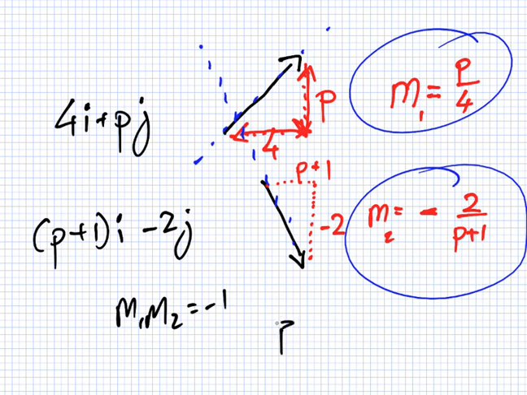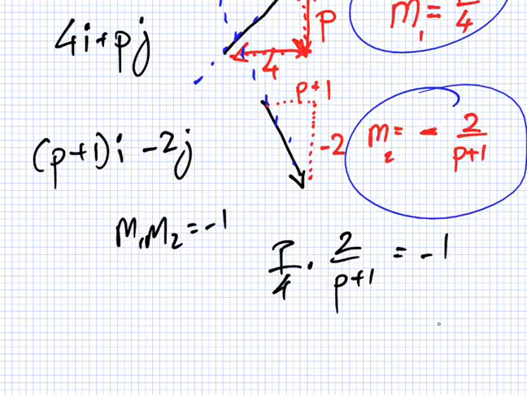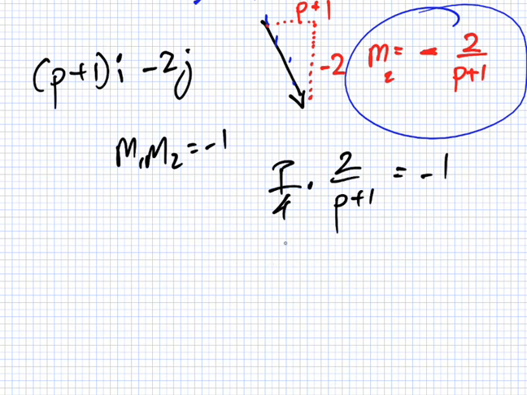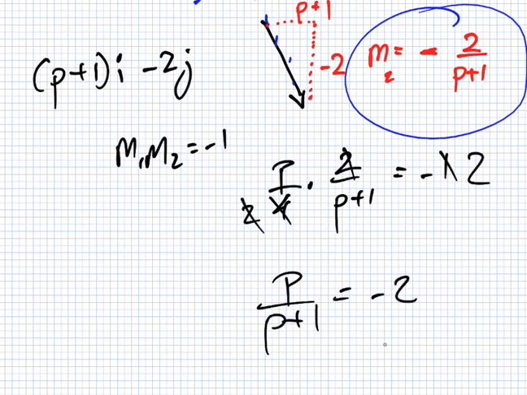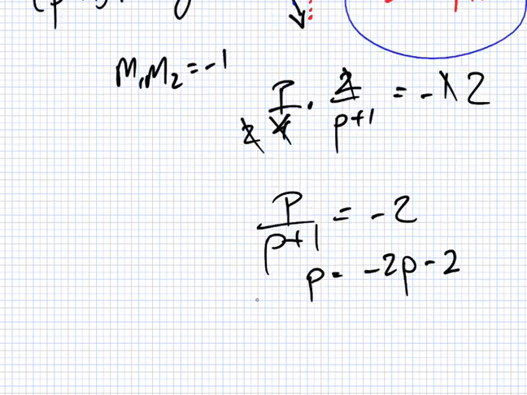So I can say p over 4 times 2 over p plus 1 should equal minus 1. So I have p over p plus 1 equals minus 2. So I get p equals minus 2p minus 2. So I get 3p equals minus 2, p equals minus 2 over 3.